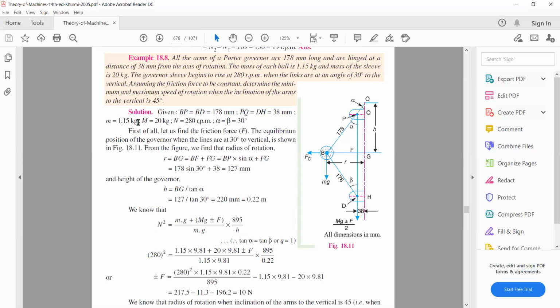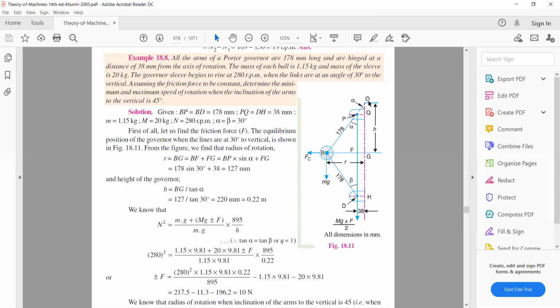Small m is 1.15 kg and capital M is 20 kg. N equals 280 rpm. Alpha and beta equal 30 degrees, when the links are at an angle of 30 degrees.